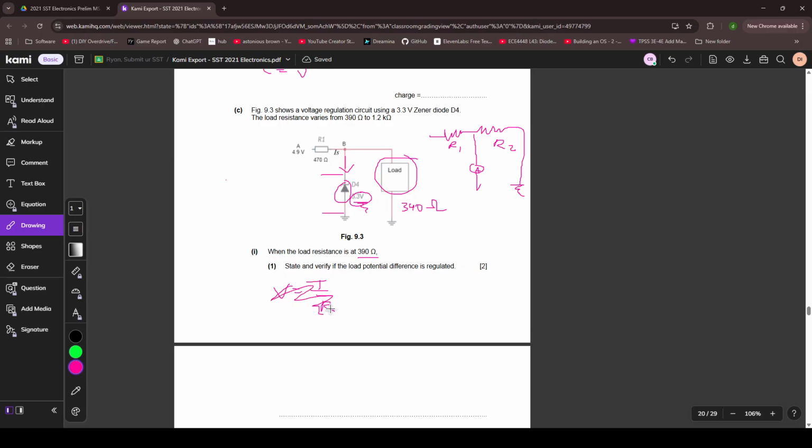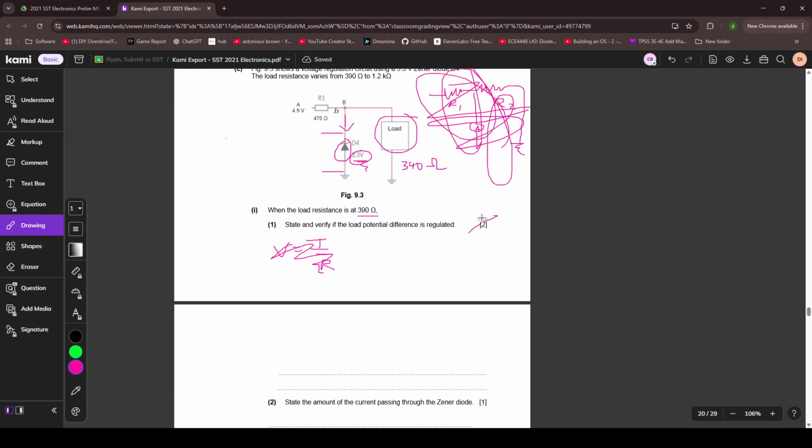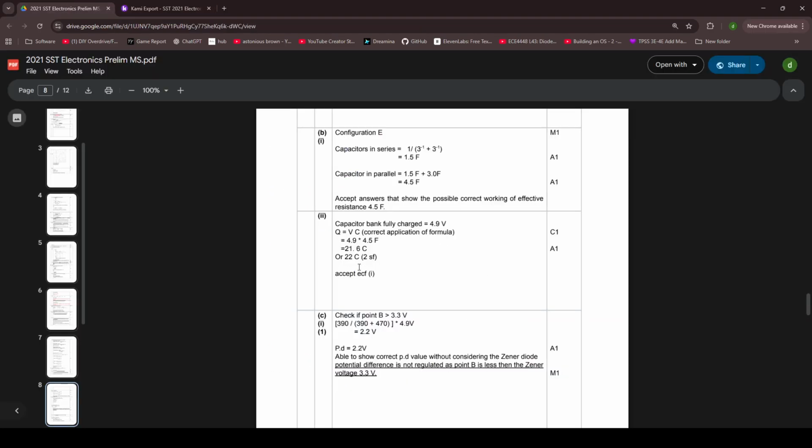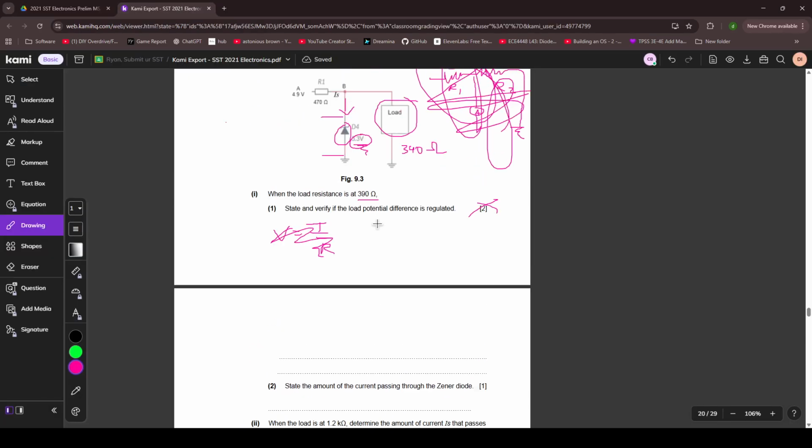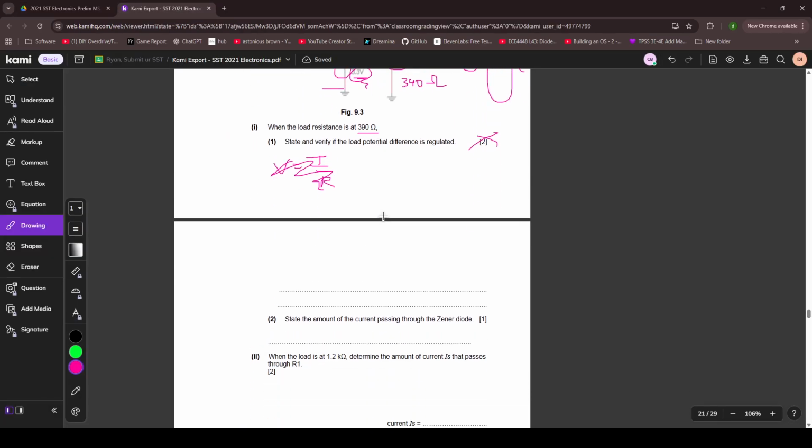Wait, am I dumb? This is just a voltage divider circuit. It's just a voltage divider, so I'm not going to talk about it. So you just find if that voltage after using a voltage divider circuit is higher than 3.3 volts, and if it is, which it is not. So in this case, no voltage is regulated.